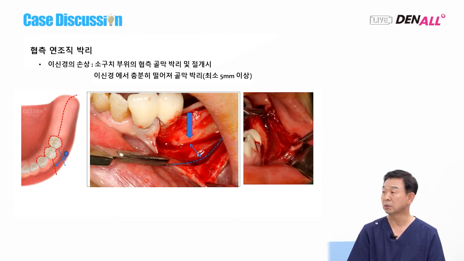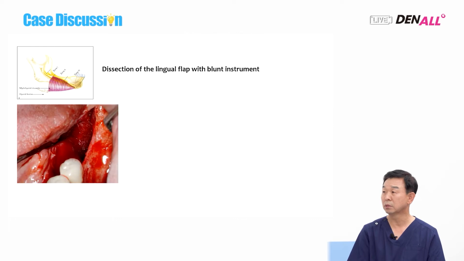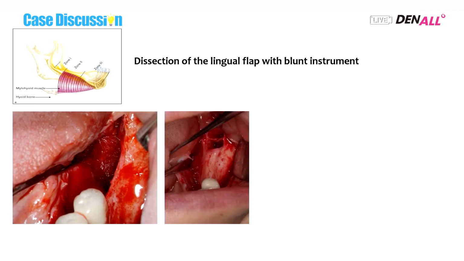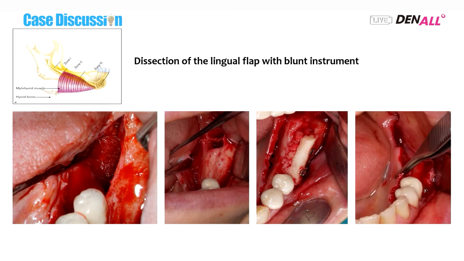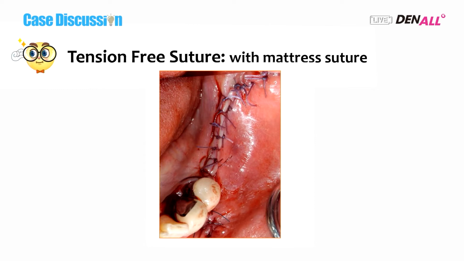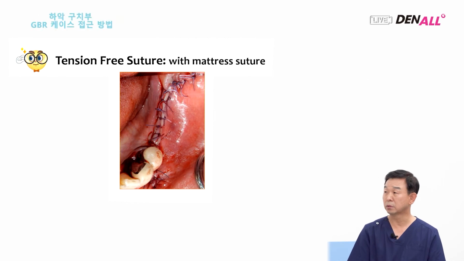On the lingual side as well, over the mylohyoid muscle, soft tissue is incised all the way and sutured. Horizontal mattress and interrupted sutures need to be properly used to prevent opening, leading to a good outcome.